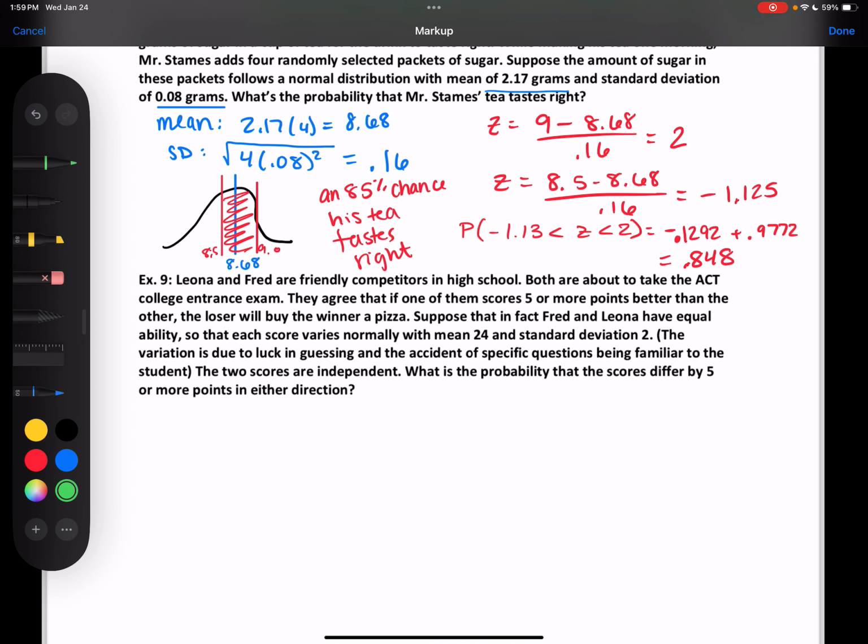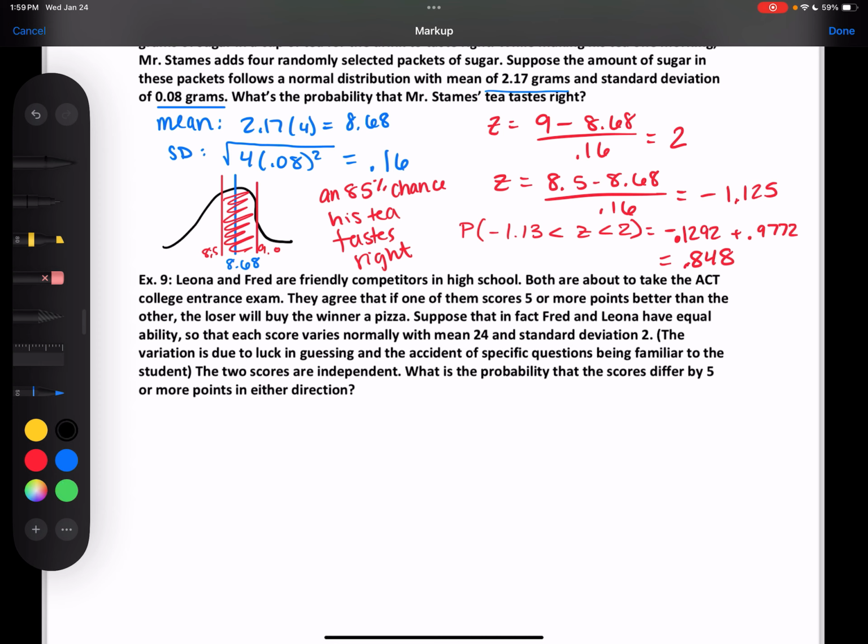Suppose that in fact Fred and Leona have equal ability so that each score varies normally with mean 24, standard deviation of 2. The variation is due to luck and guessing and the accident of specific questions being familiar to the student. The two scores are independent. What is the probability that the scores differ by 5 or more points in either direction?